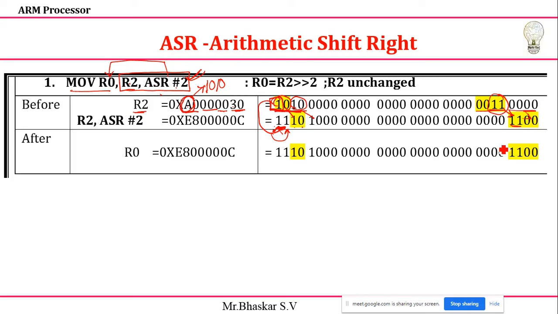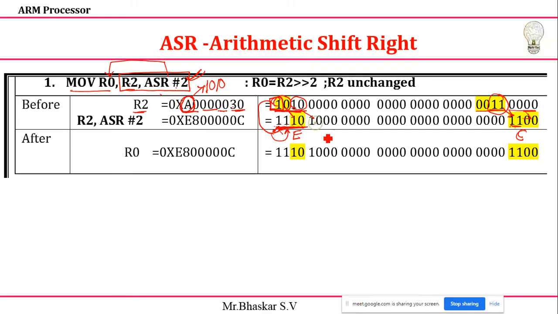Now you read the value. What is 1 1 1 0? I'll get the value E. Right? 1110. And here it is 1100, it is C. Same thing. You can see, and 1 is coming here.